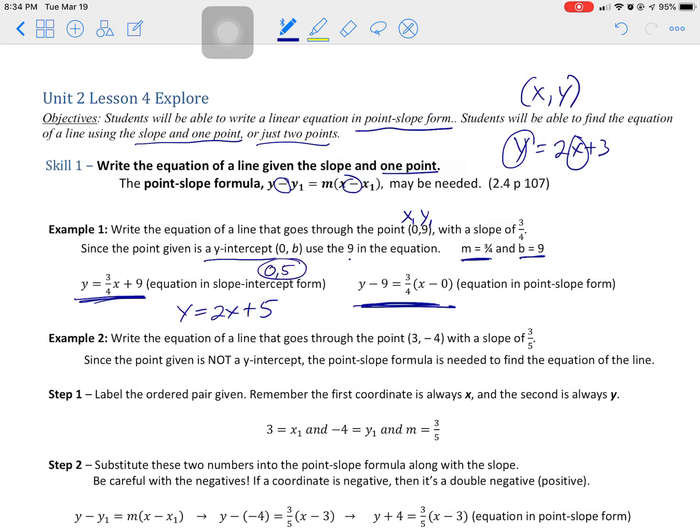The y-intercept is (0, 5). So y minus 5 equals the slope, 2, and then in parentheses, x minus 0. That is this in point-slope form.